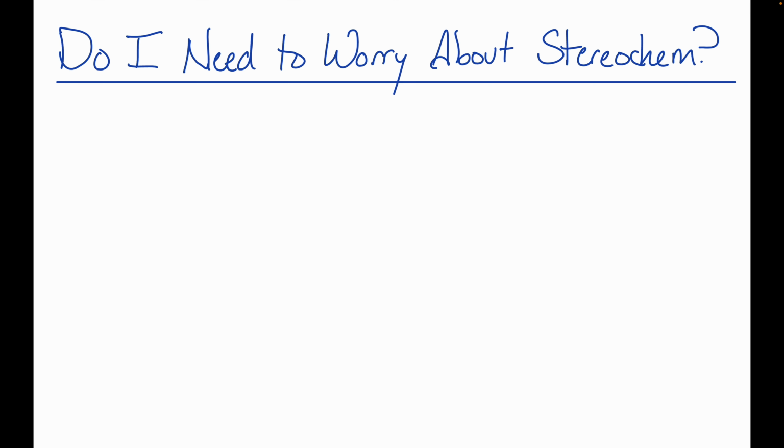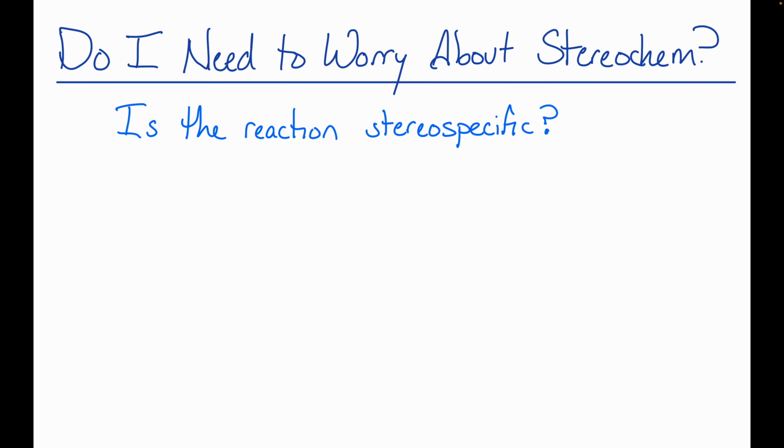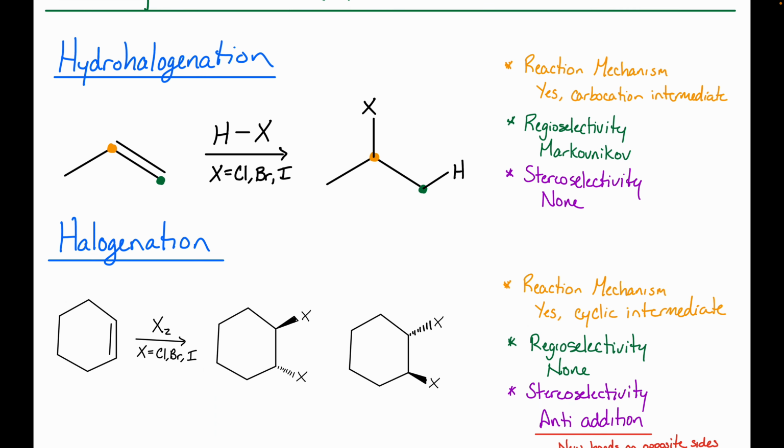All right, when do we have to include those stereospecific products? So first, we want to ask ourselves, is the reaction stereospecific? As we noted in our cheat sheet already, we got two reactions.